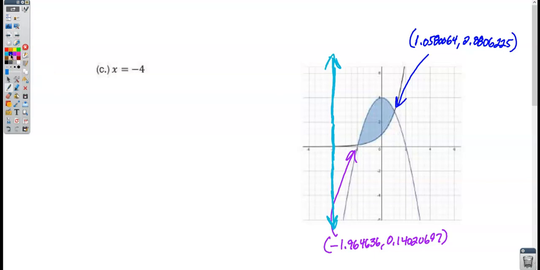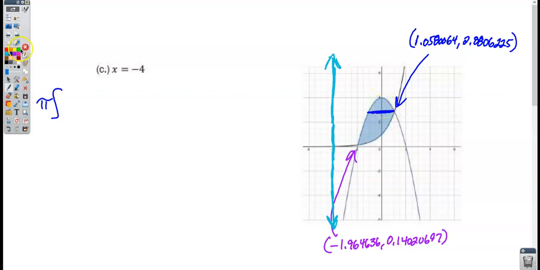Now what happens here when I do this is I'm going to actually end up with two different integrals representing the volume of this solid, because right here there's a change in which curve forms the outer boundary of the region.